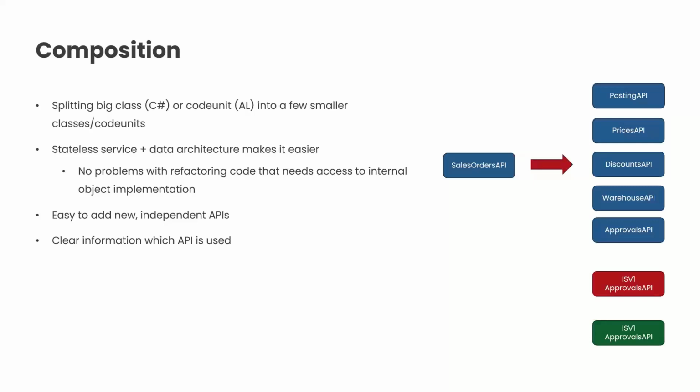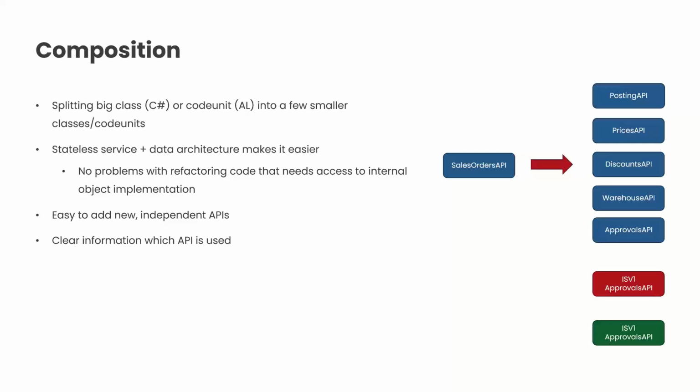But if you apply this service approach, the one that seems to be much better for web applications, it's not complex. You may start with the service called sales orders API. We can think about the service as APIs, and then when it gets too big, you can split it into smaller services. So posting API, prices API, discounts API, warehouse API.